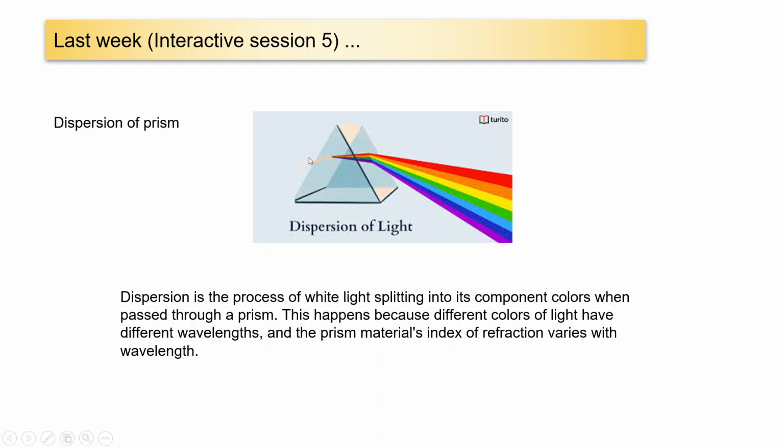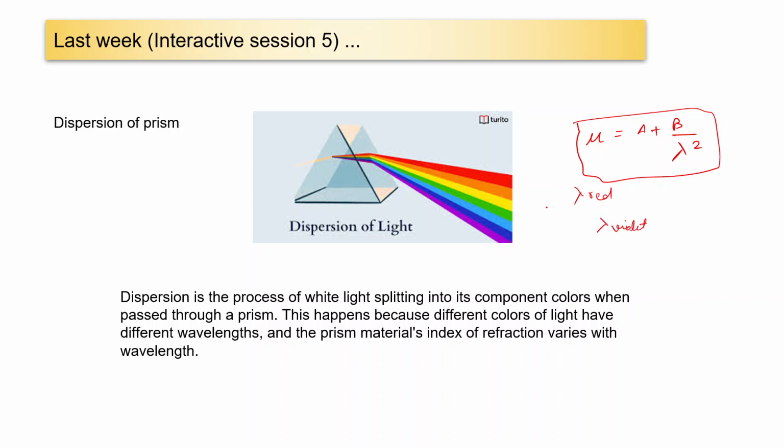We know that white light consists of 7 constituent lights which have different wavelengths. Since the refractive index of the material the prism is made of will depend on wavelength, we had seen the Cauchy relation also, that the refractive index is given by something like this, typical for any general material. So it depends on the wavelength. The wavelength of red light is different, and the wavelength of violet light is different.